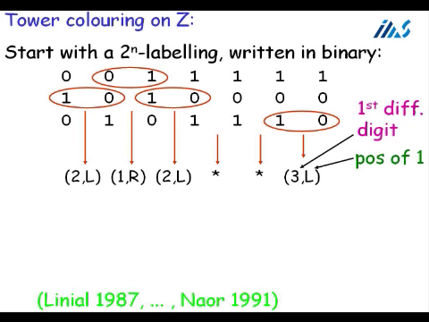And what you can do is write down the index of the first bit where the bit values are different, and also write down which side has the 1 compared to the 0. And this gives a different set of labels for the vertices.